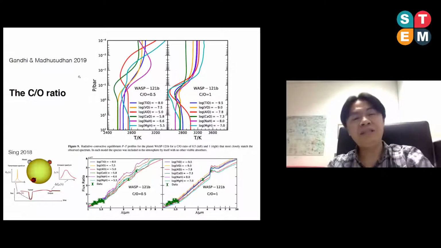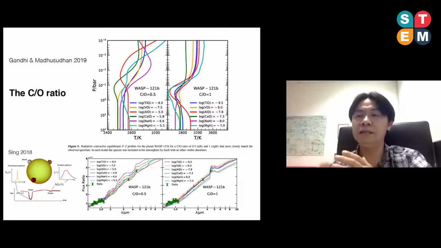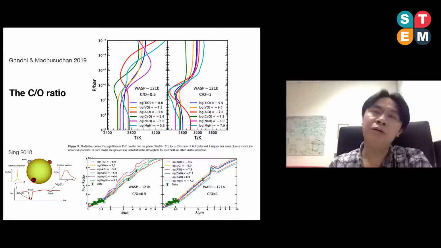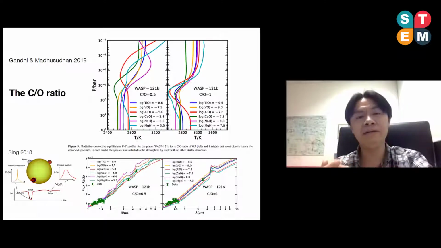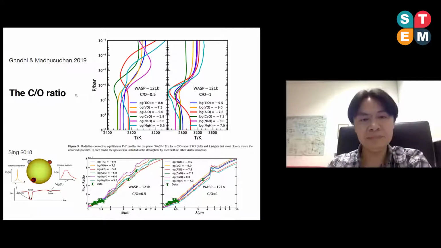Finally, I want to touch upon something to do with the composition of the hot Jupiter atmosphere, because when I talk about the greenhouse effect, it certainly depends on the opacity, and it depends on the composition. And the composition in the atmosphere can, in principle, be probed by transit spectroscopy.